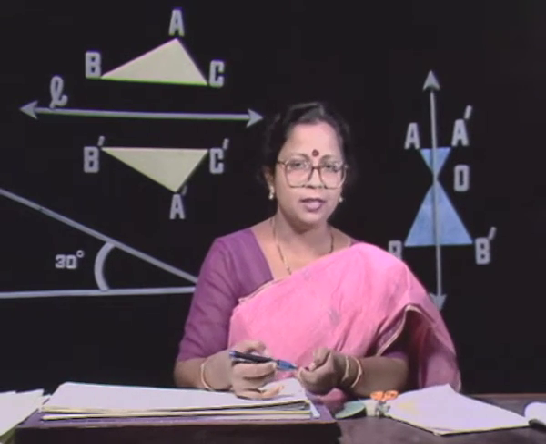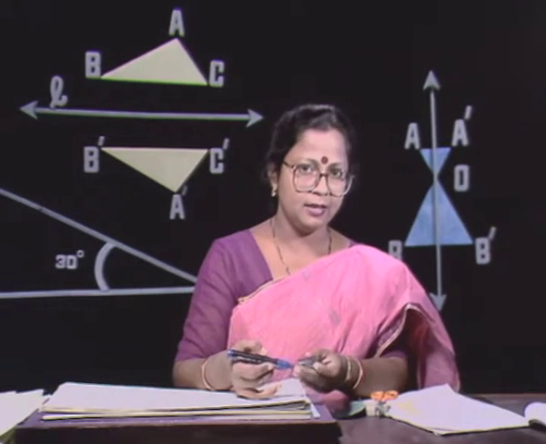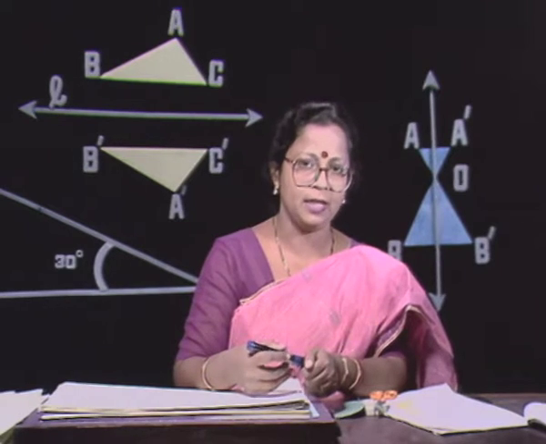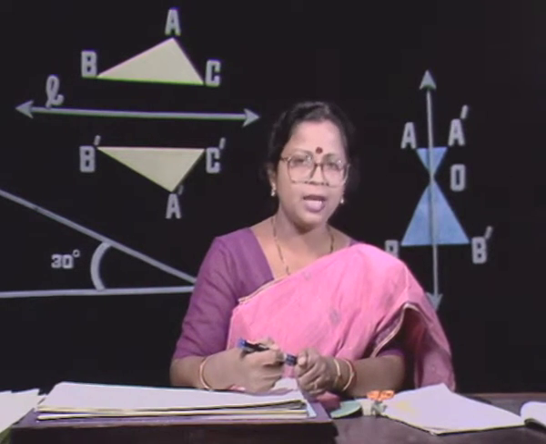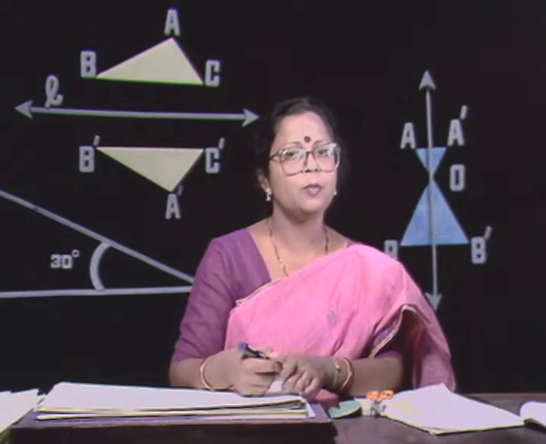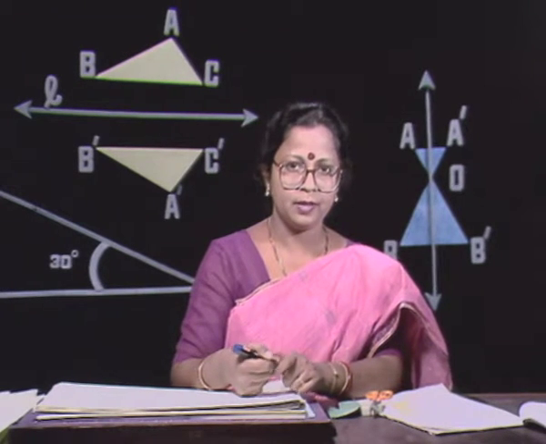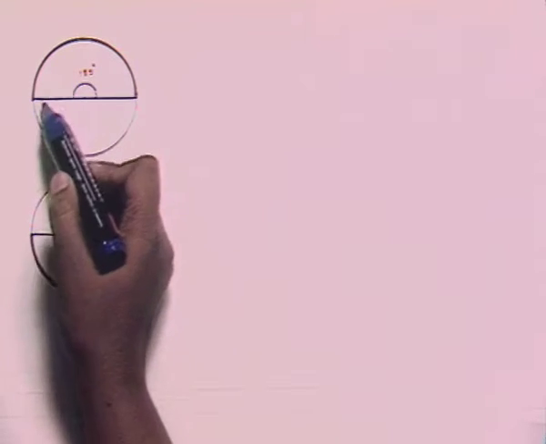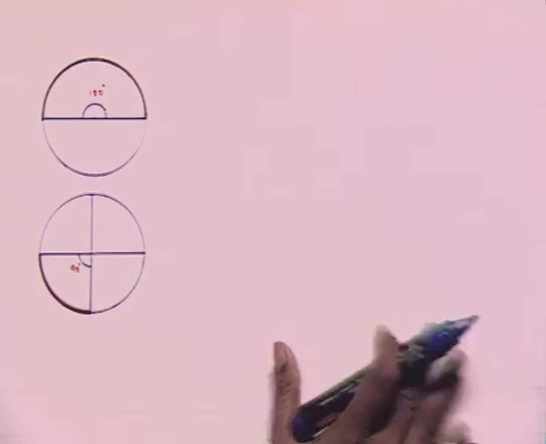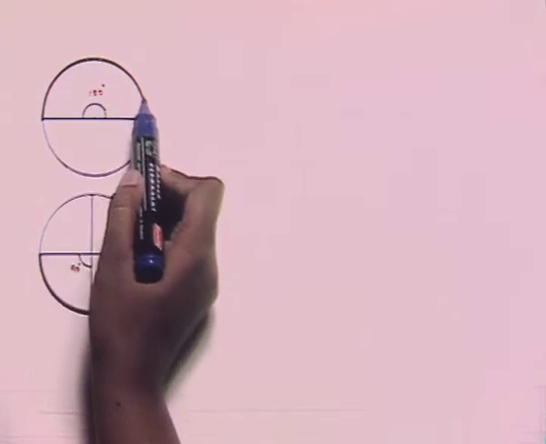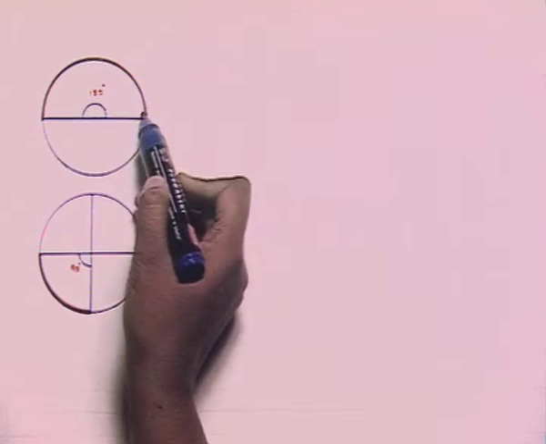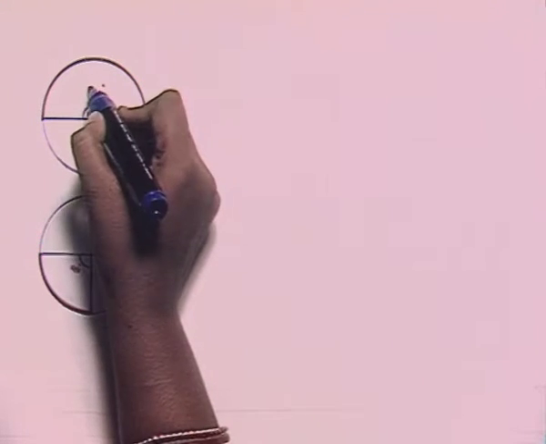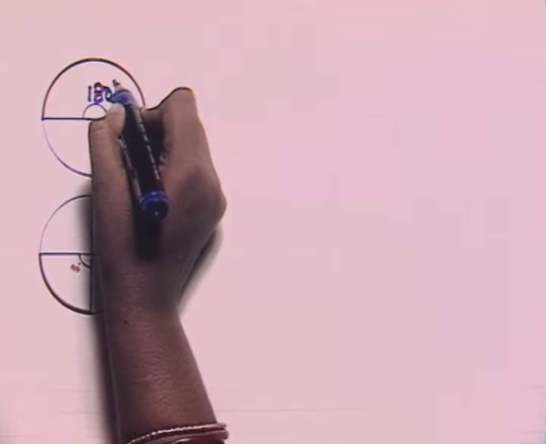Now, you have learned that the circumference of a circle is equal to 2 pi r and the area of a circle is equal to pi r square. Now, suppose we are given this semicircle, how can you find out the length of this arc, which is making an angle of 180 degree at the center?